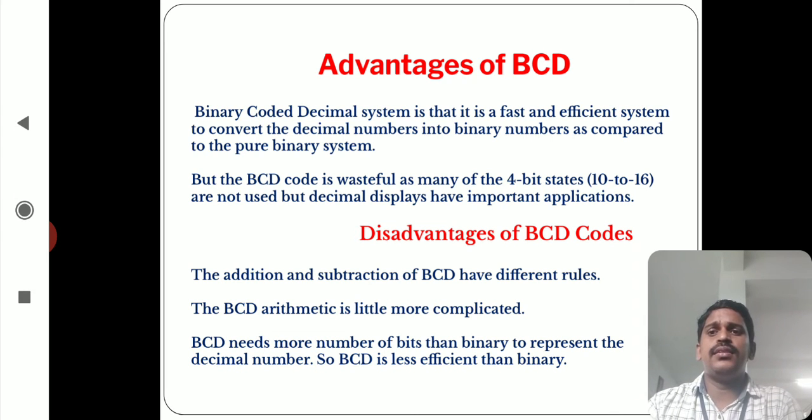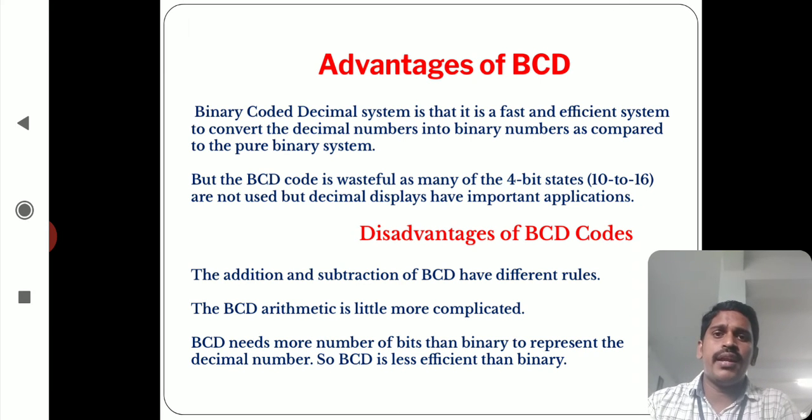BCD needs more bits than binary to represent a decimal number, so BCD is less efficient than binary numbers. We have already explained one or two examples.